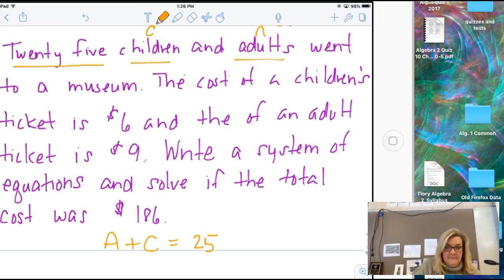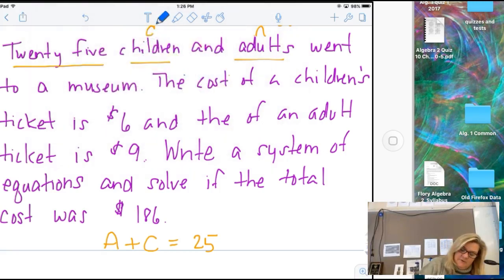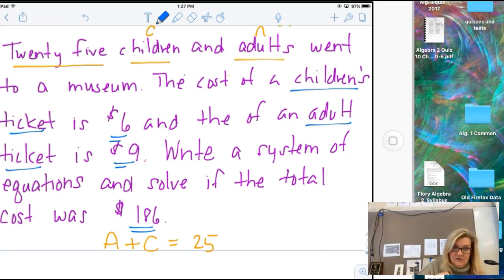So our second equation is going to look like this, and this is the information that we need to put in. We know that the cost of the child's ticket was $6, and the cost of the adult ticket was $9, and altogether the cost was $186. So we're going to use the information I just underlined in blue to write our next equation.